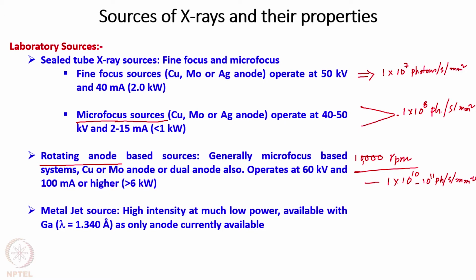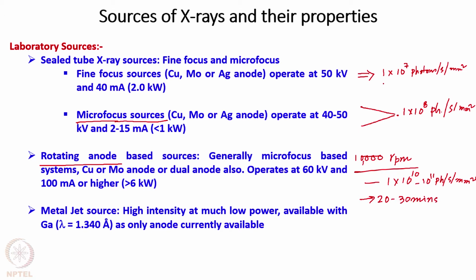So microfocused rotating anode based sources can lead to enormous intensity on the crystal, reducing the data collection time to about 20 to 30 minutes.